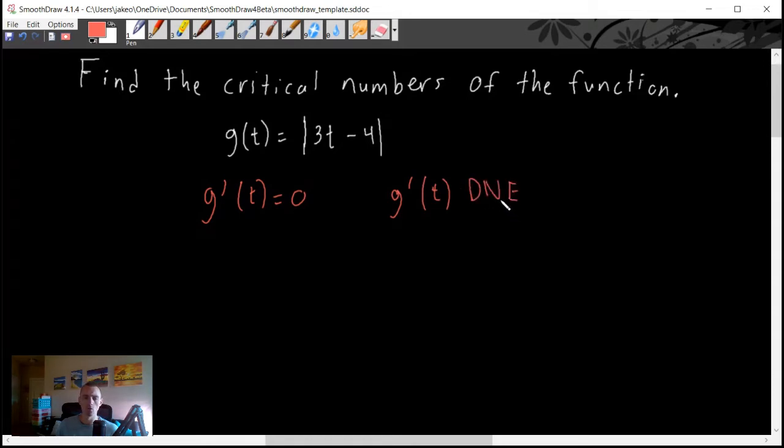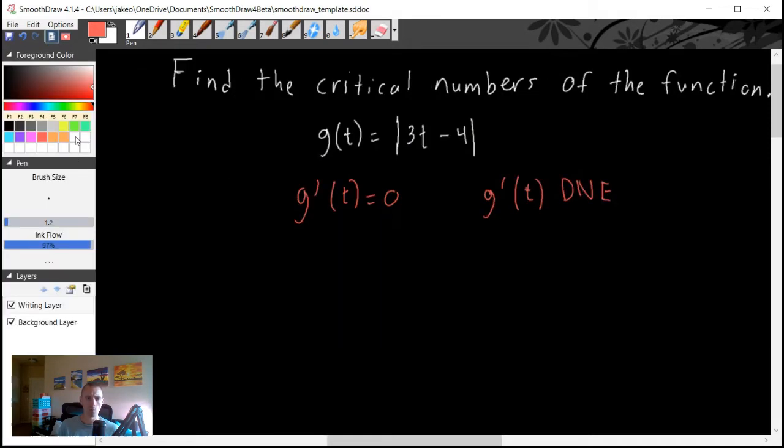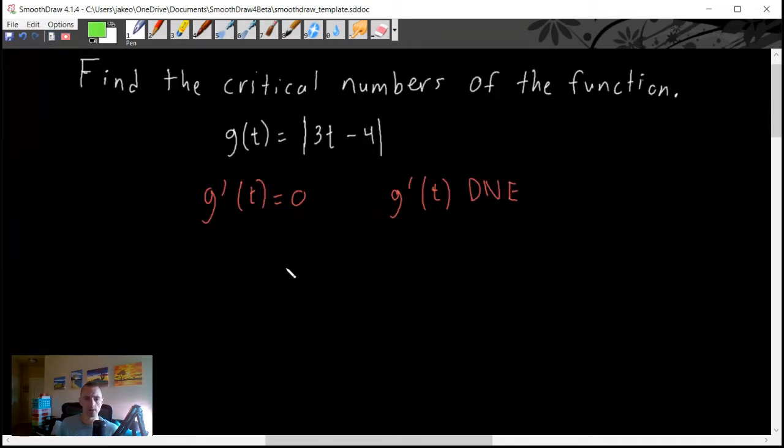Okay, so let's think about what this function would look like here. Basically, whenever you have an absolute value like this, we're taking the absolute value of everything. There are no other pieces of our function, like, for example, a +1 out here, outside of the absolute value.